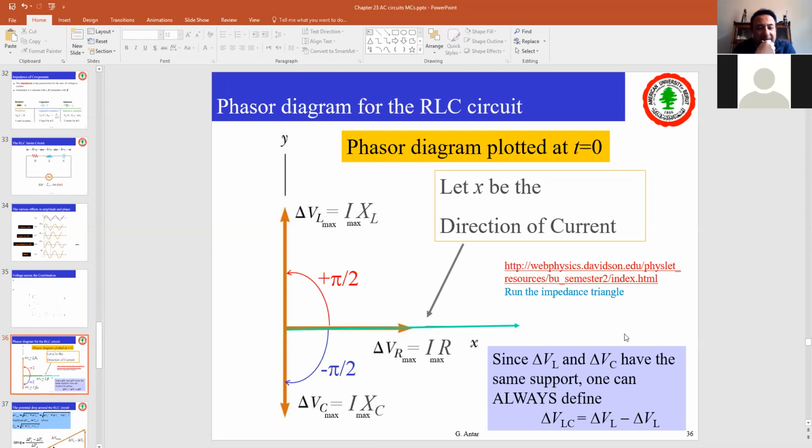So delta VR max is equal to R I max. It has 0 phase, which is why my vector is parallel to I. This is my I max. That's the green.